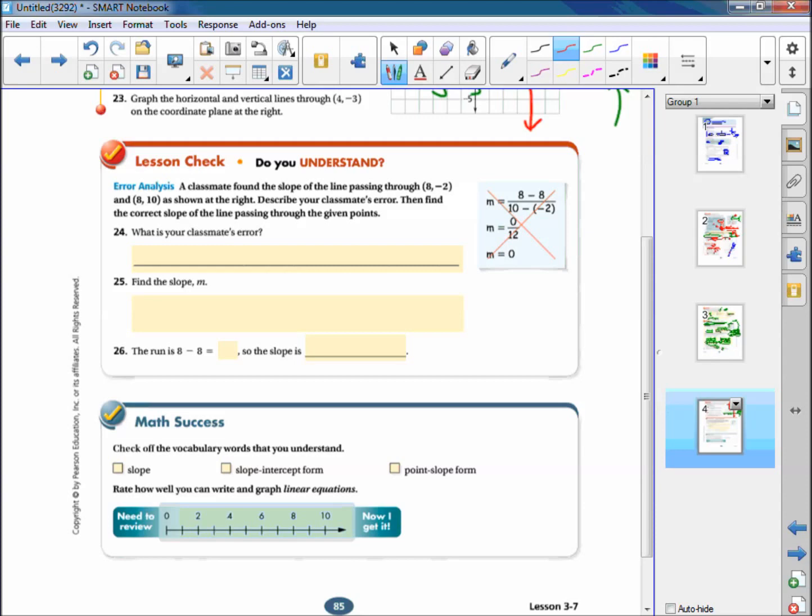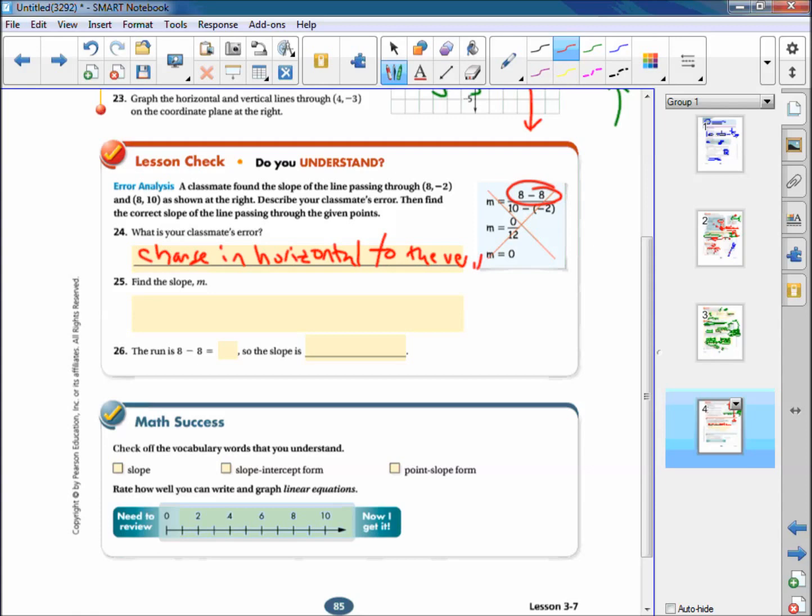A classmate found the slope of the line passing through 8, -2 and 8, 10 as shown at the right here. Describe your classmate's error and then find the correct slope of the line passing through the given points. So let's see, they put the x coordinates on top. So their error was they found the change in the horizontal to the vertical.